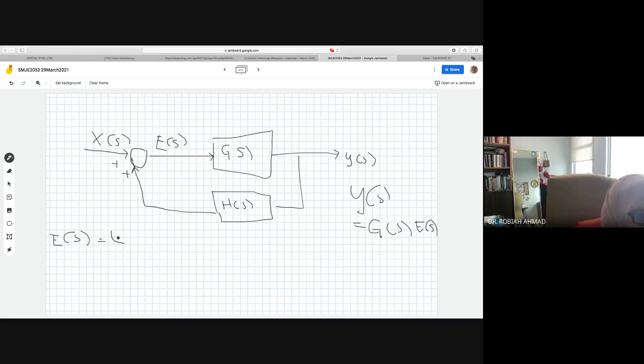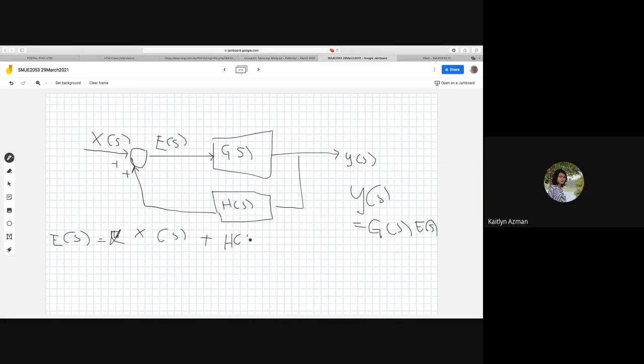The ES plus the ES equal to XS plus HS YS. So the output. And then we put that into this equation.